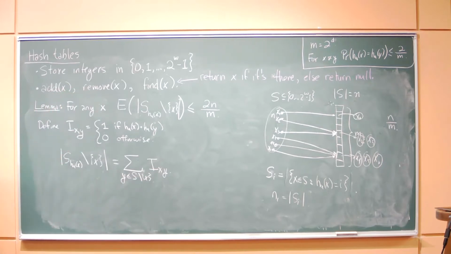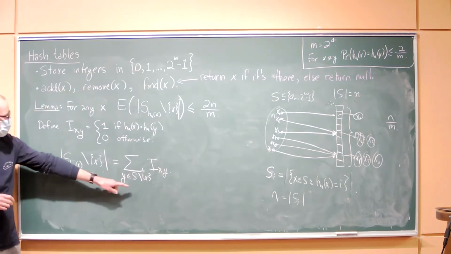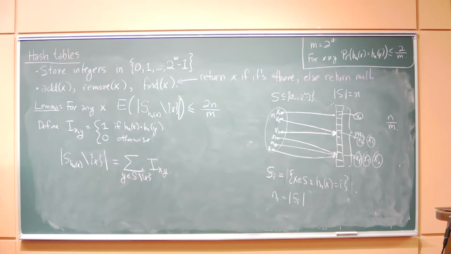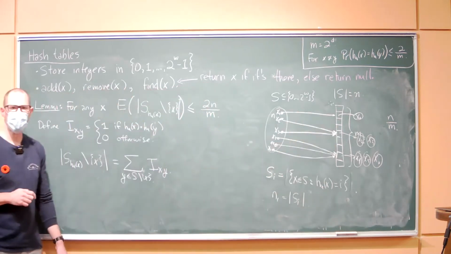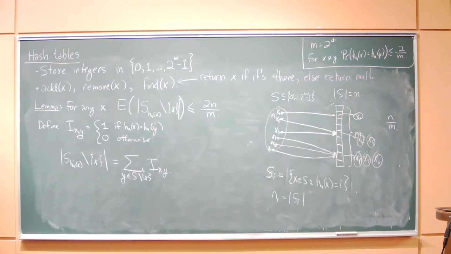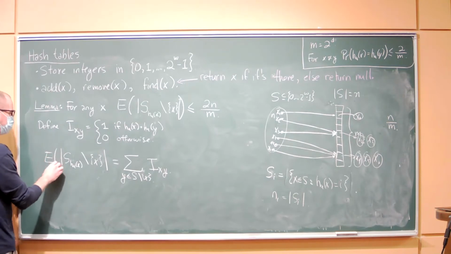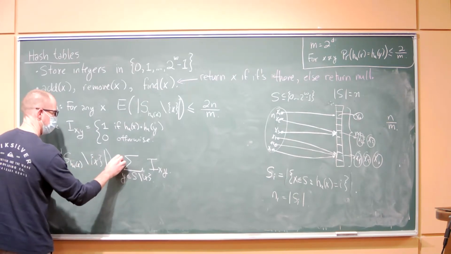This variable just counts as a 1 if x and y have the same hash value and 0 otherwise. So if I want to know how many other things end up in the list that x would choose, you just add up those indicator variables. And that means their expected values are the same.